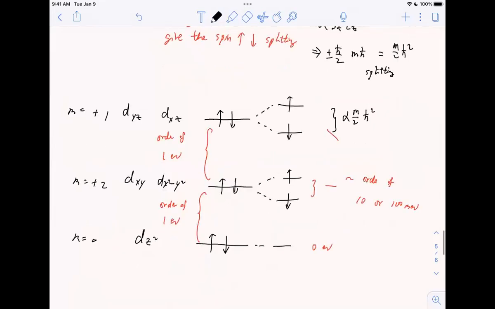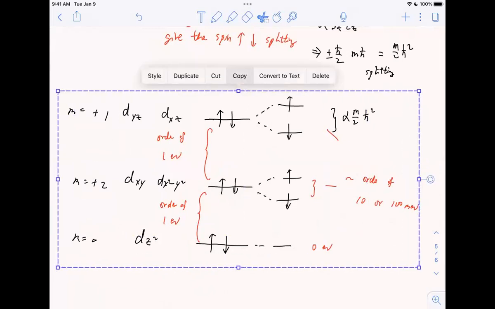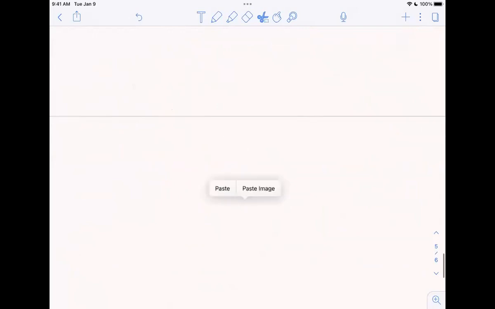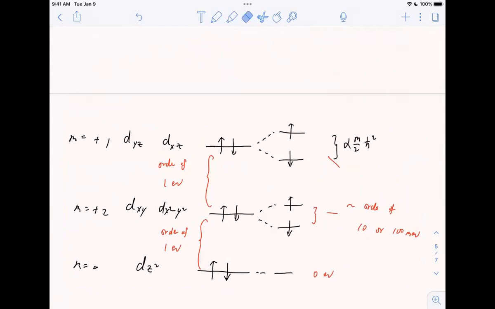So this is in one valley, and then in the other valley, you're going to flip it. You're going to have negative, then all this will be flipped.